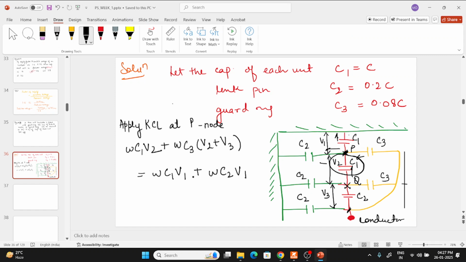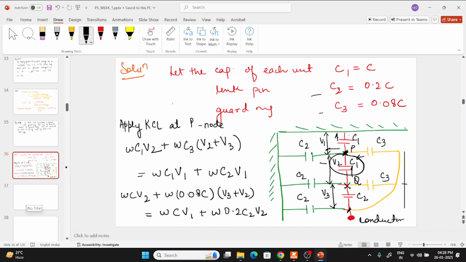Now if we rearrange this, putting the values of C1, C2 and C3, C1 is C, so omega CV2 plus C3 is 0.08 C, so it will be omega 0.08 C, V3 plus V2, is equal to omega C1 is C, V1 plus omega C2 is 0.2 C, V2. Okay, so it will be like this.